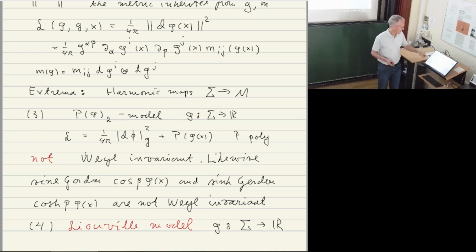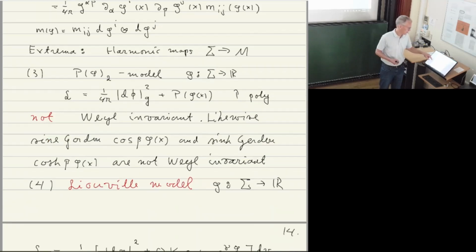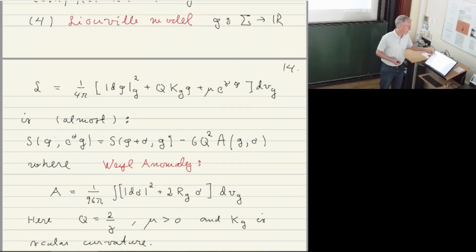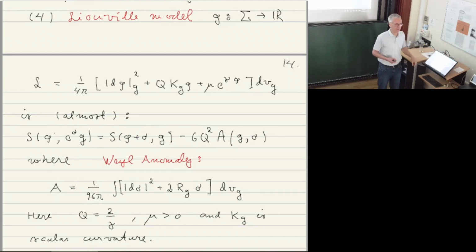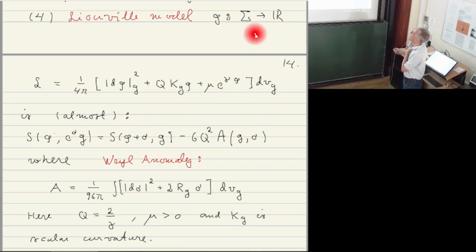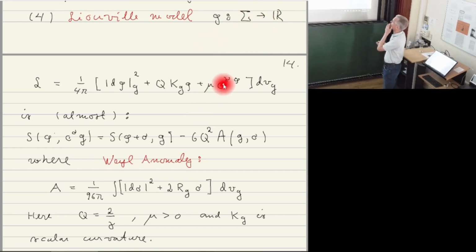There's one counterexample to this claim, namely if you put here some function of phi only, and that's called the Liouville model. Evelina told me that you know everything about Liouville models, so I don't have to talk about that. But let me anyway talk about it. Here the target is just R again, and you take exponential of the field. This alone would not be Weyl invariant.